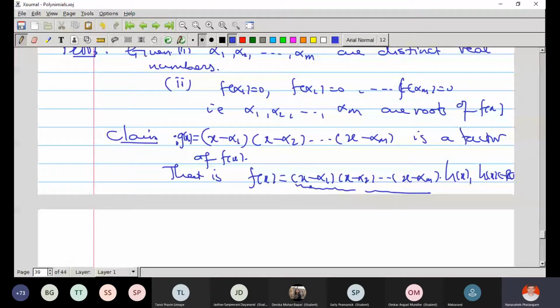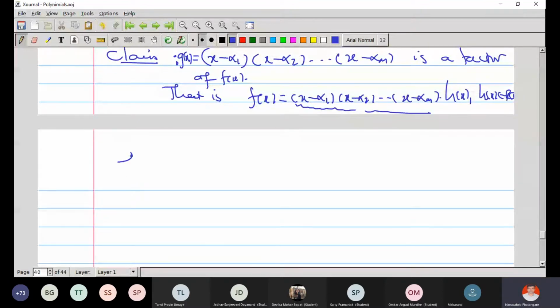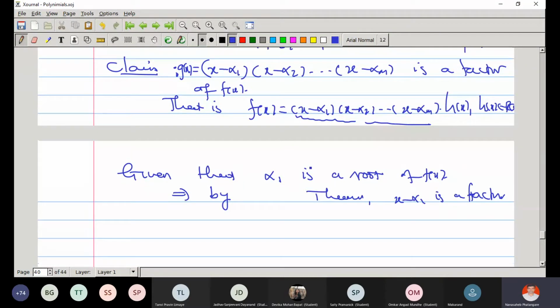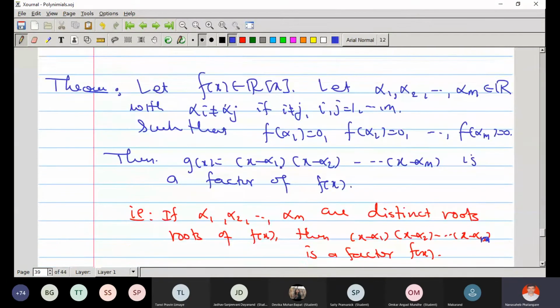So how to prove this? Given that alpha 1 is a root of f of x, therefore, by which theorem? By the factor theorem, if alpha is a root, then x minus alpha is a factor.